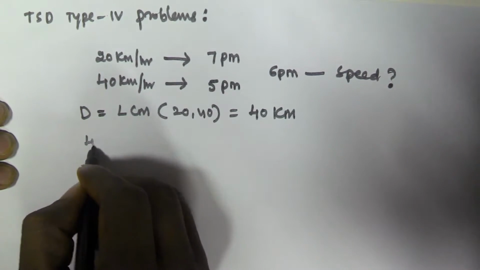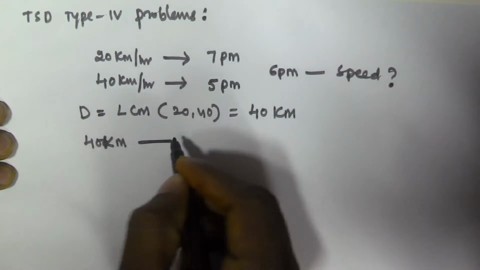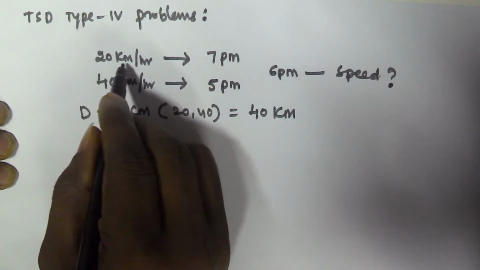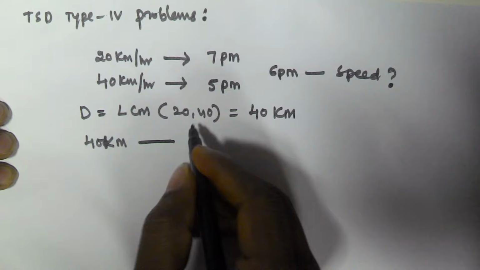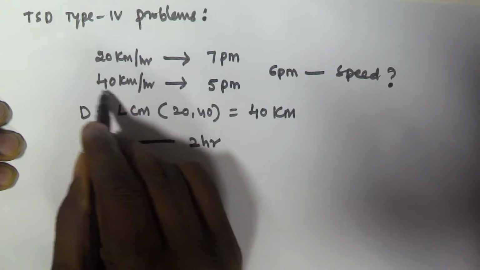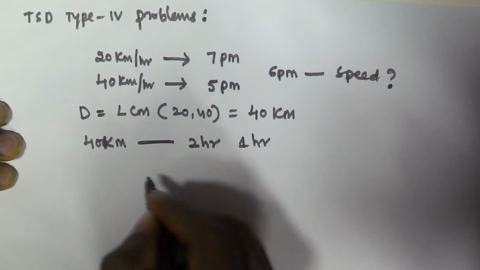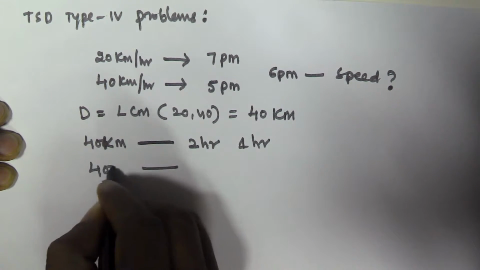If distance is 40 kilometers and the first day he is traveling with 20 kilometers per hour, that means he takes 2 hours. And the second day he is traveling with 40 kilometers per hour and distance is 40 kilometers, so he will take 1 hour.